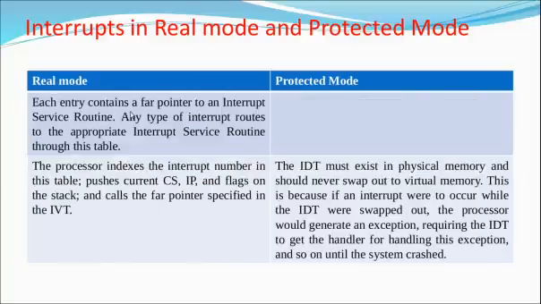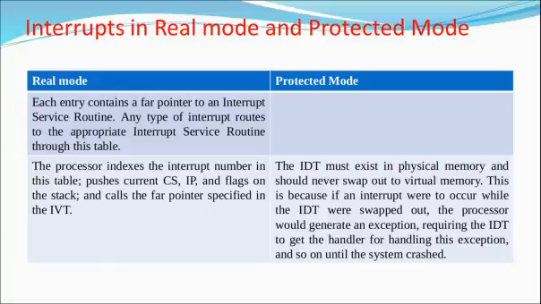In real mode, each entry contains a far pointer to an interrupt service routine. The ISR is a procedure which is executed to handle any interrupt which occurs during the process or which occurs due to an external event. So the address of the interrupt service routine is stored in the pointer, and that pointer is a far pointer.